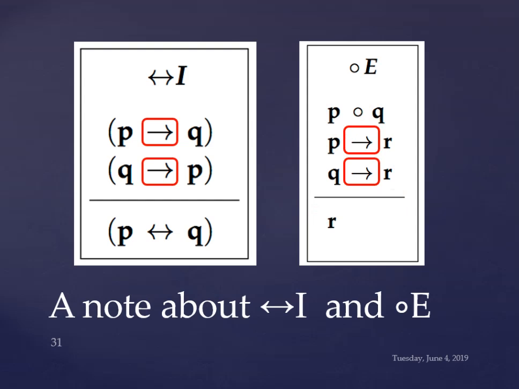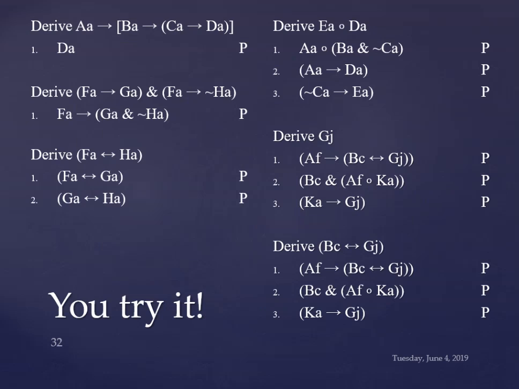So oftentimes when you have to use these rules, especially on the last line of your derivation, you're most likely going to be doing arrow introduction. Okay? Arrow introduction goes along with these rules. That's what I'm trying to say. So I encourage you to work on these practice problems, right?